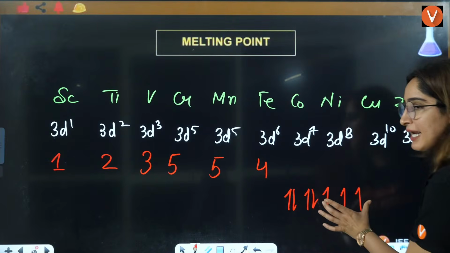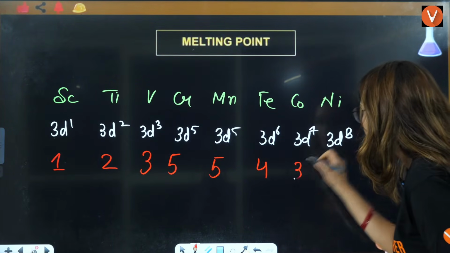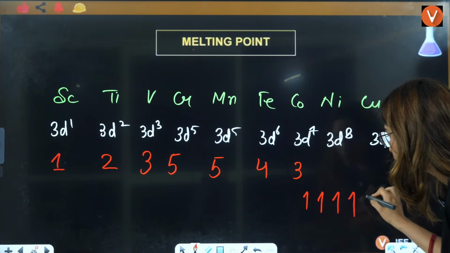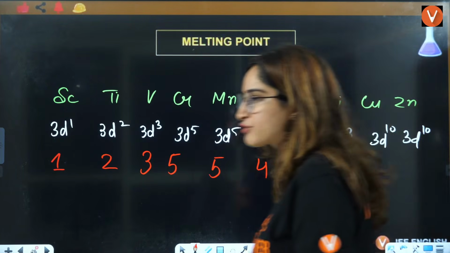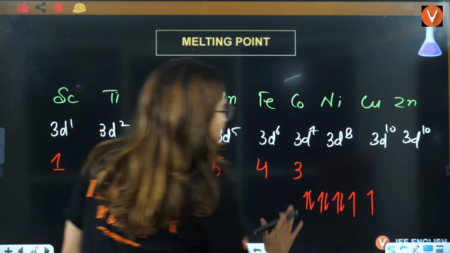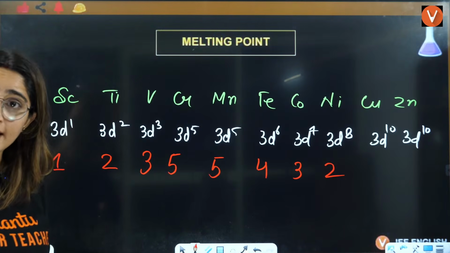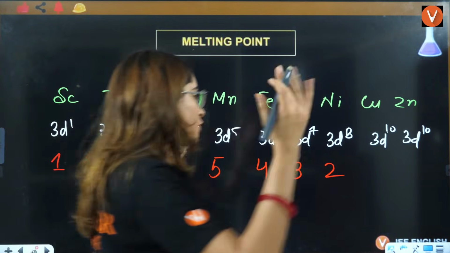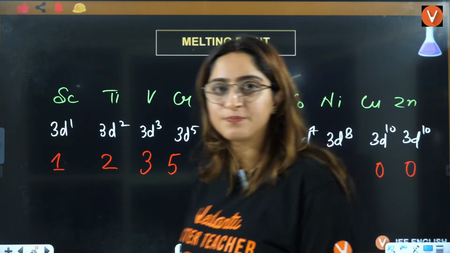How many unpaired electrons are you left with? 3. Can I write it here? 3. Then for 8, 2 unpaired electrons, so I write 2. For 10, is there any unpaired electron? No, ma'am. 0 unpaired electrons.